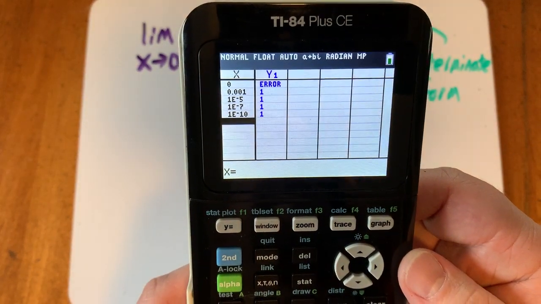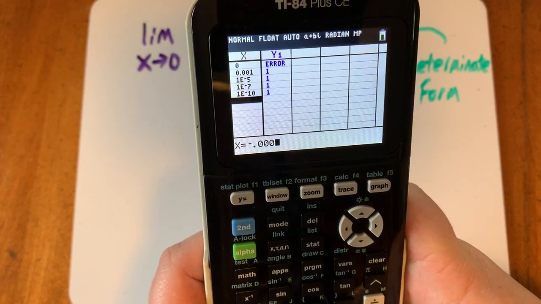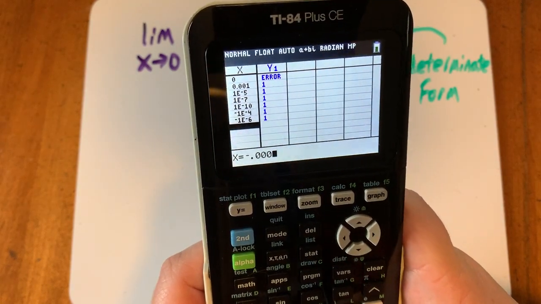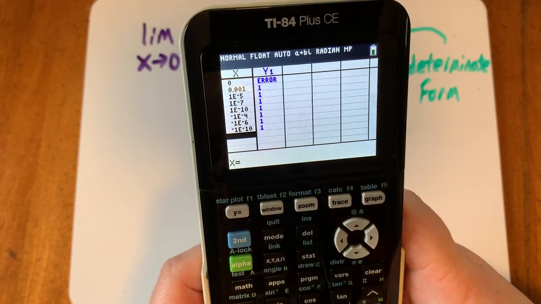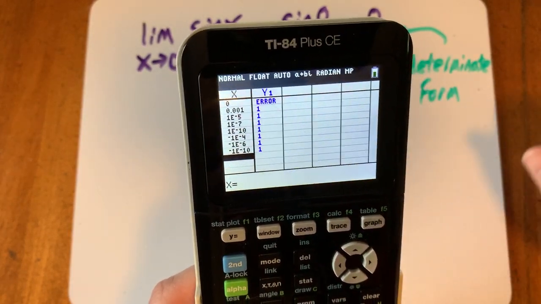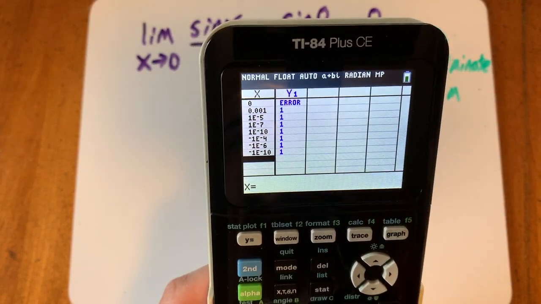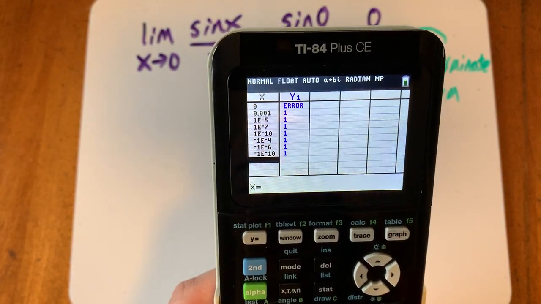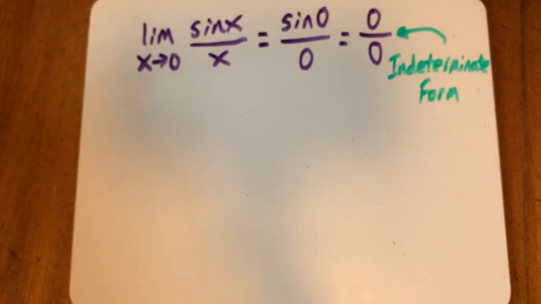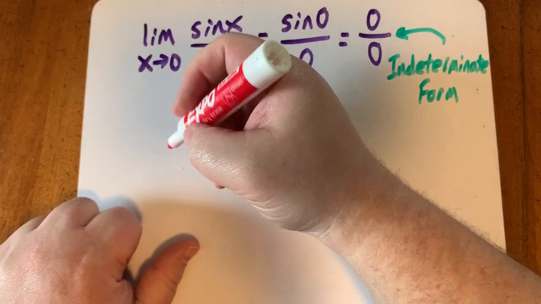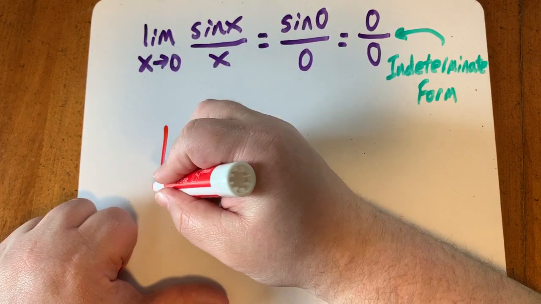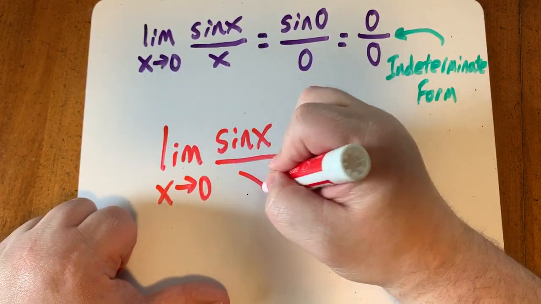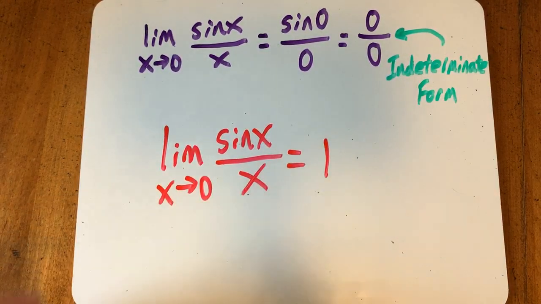But if we try the others from the other side, negative 0.001, negative 0.00001, and just hammer on the zeros. All right. Oh, look, it gave the same thing. We have the same result on either side. The left side is approaching 1 and the right side is approaching 1 as our x gets closer and closer to 0. So that means the limit as x approaches 0 of sine of x over x equals 1.